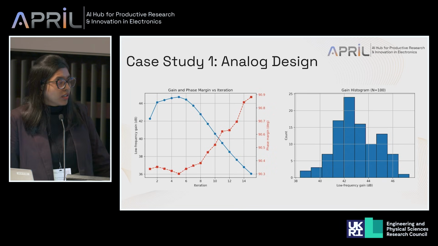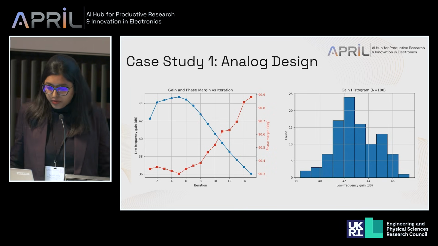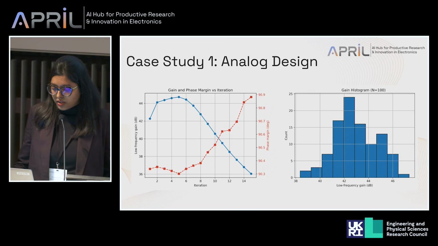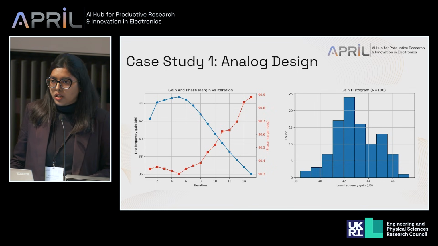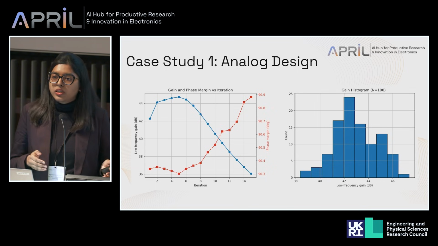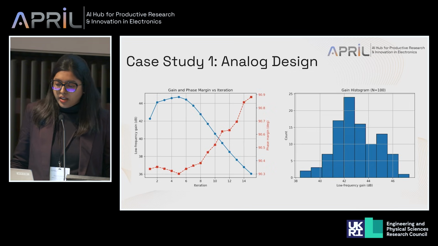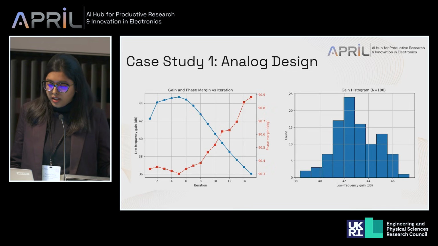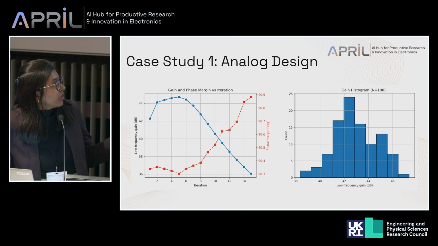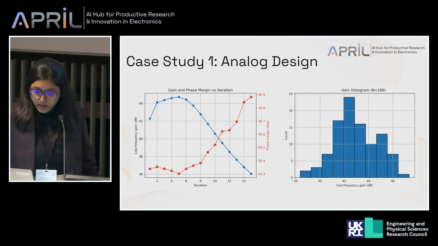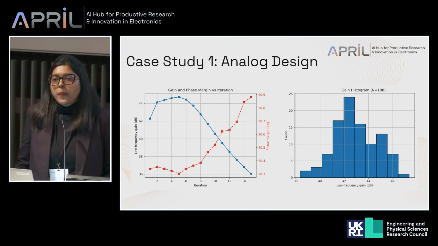Here is the first graph, which shows the gain versus the iterations and the phase margin. Because in analog, the phase margin is for stability. Stability is equally important as the gain, because gain is to amplify the signal, and the phase margin is for stability. So you can clearly see we are getting the stable phase margin also, as she asked for, and the 40 dB gain for most of the iterations.